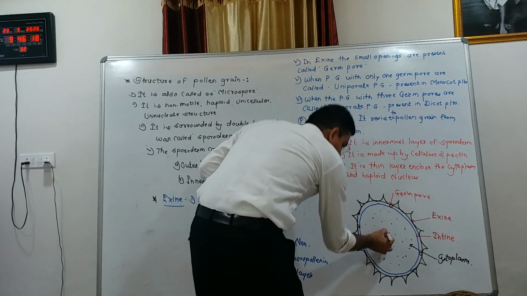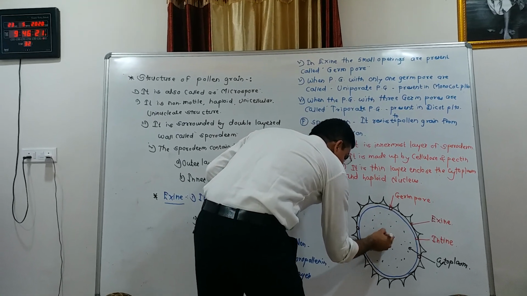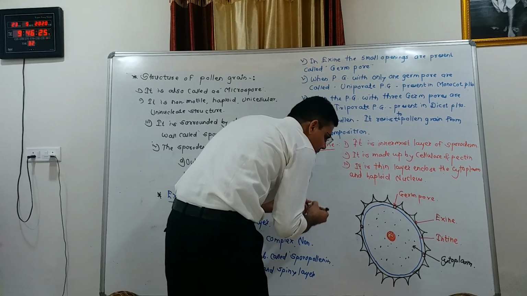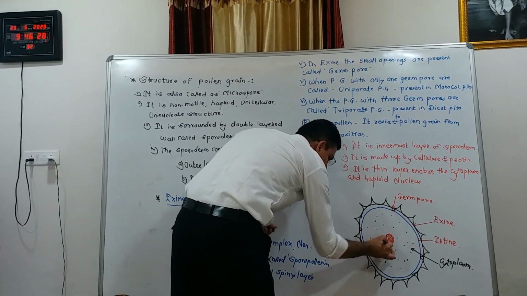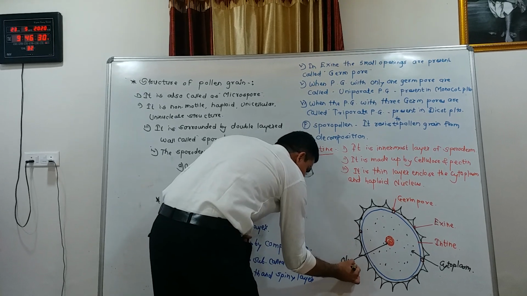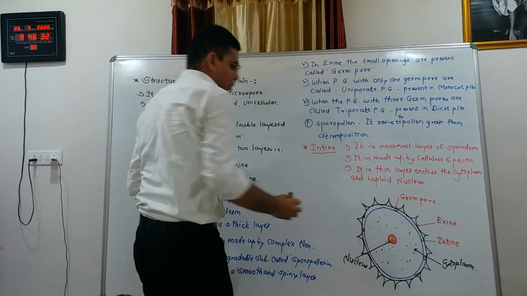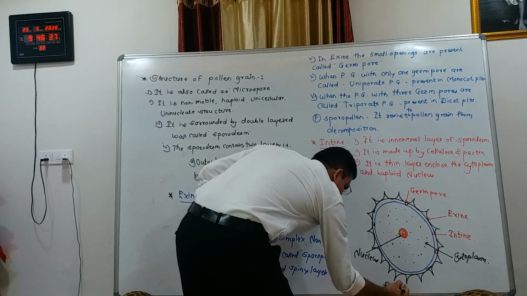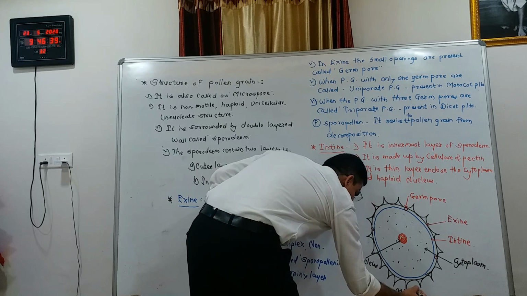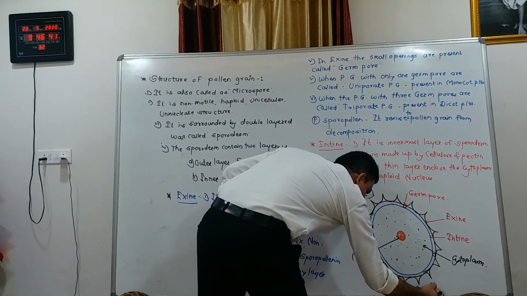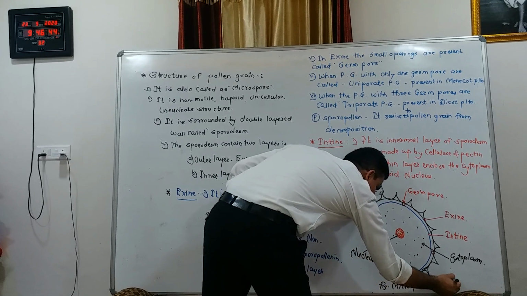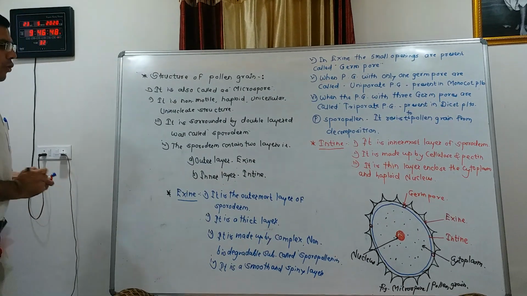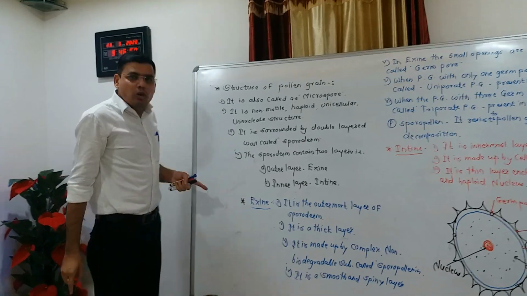And here the haploid nucleus is present. So this is the structure of microspore or pollen grain.